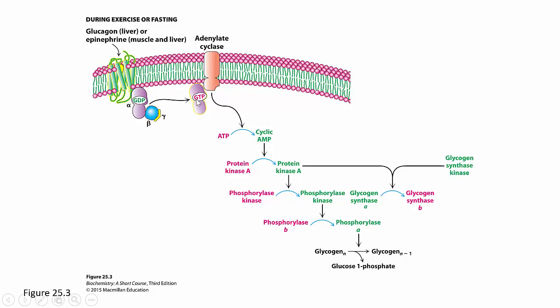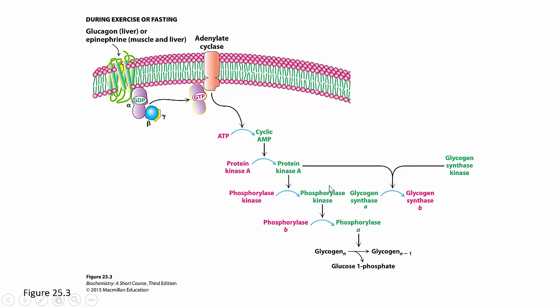The way that we do this is by this G protein pathway. So again, the ligand binds to the receptor, either glucagon or epinephrine. GDP is exchanged for GTP on the alpha subunit. The alpha subunit activates adenylate cyclase, which converts ATP to cyclic AMP, and then cyclic AMP activates protein kinase A. Protein kinase A phosphorylates phosphorylase kinase, and phosphorylase kinase phosphorylates phosphorylase.